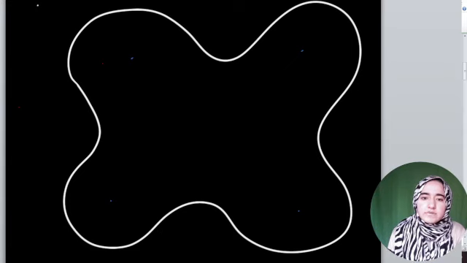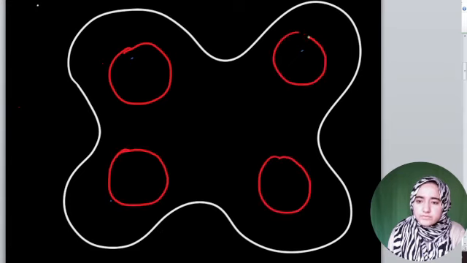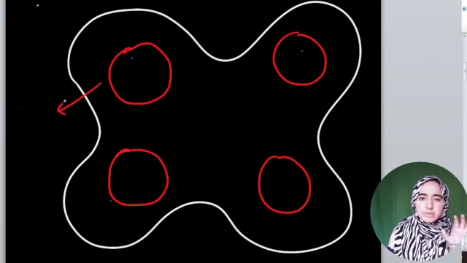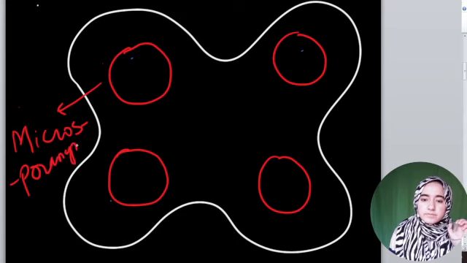Inside each theca, we have structures like this one, which appear to be circular in shape. These structures are known as microsporangium.